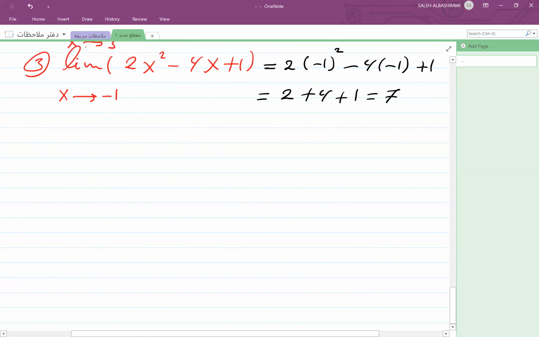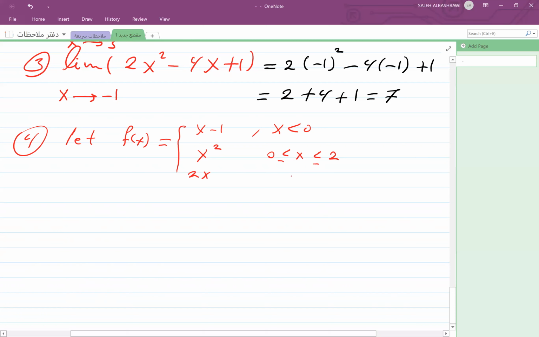More examples, number 4. Suppose that you are given this piecewise function. Let f of x be equal to x minus 1 when x is less than 0, x squared when 0 is less than x less than or equal to the number 2, and 2x when x is greater than 2.